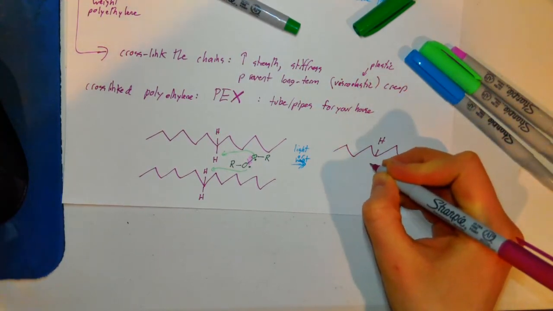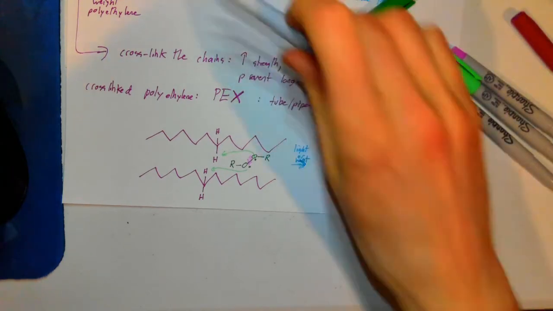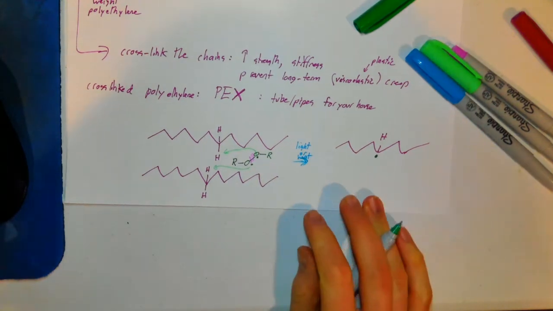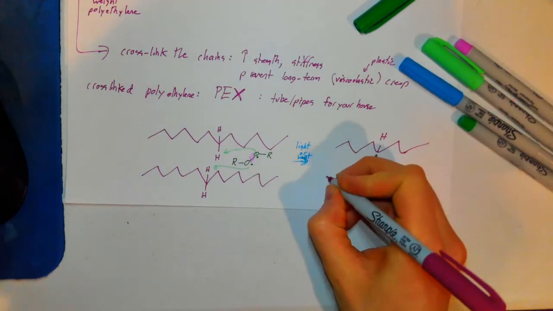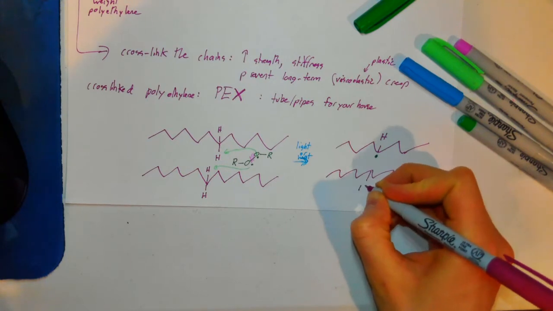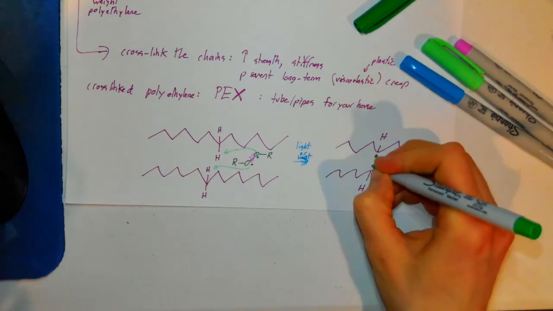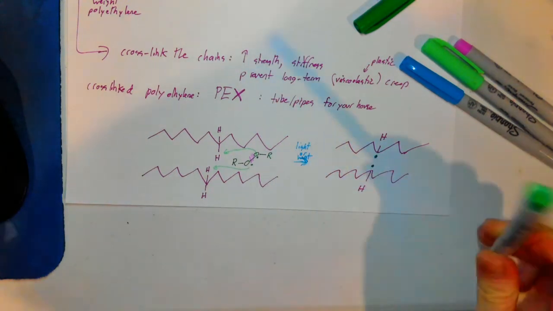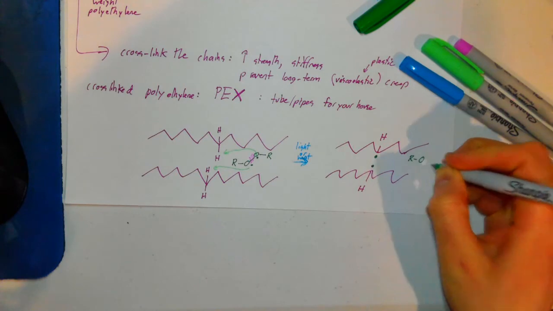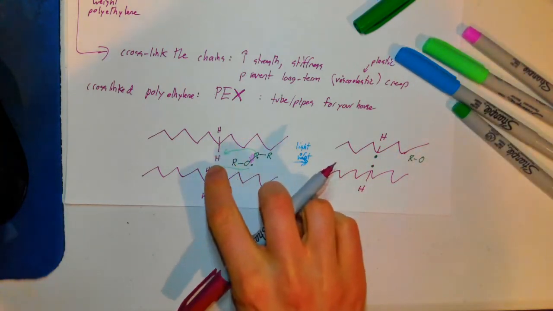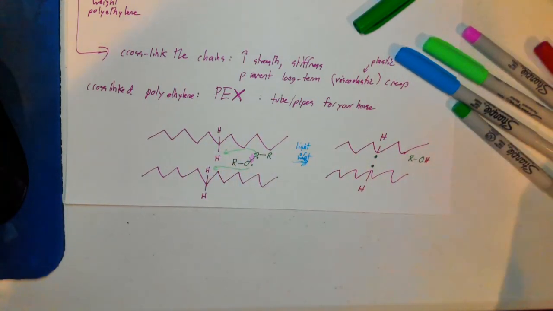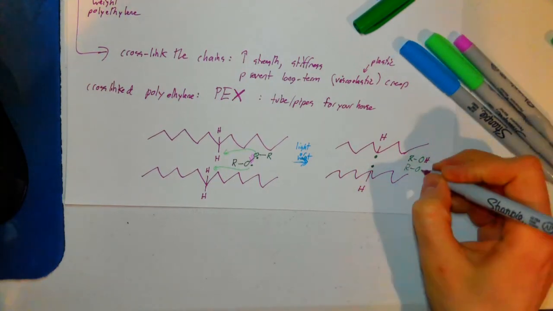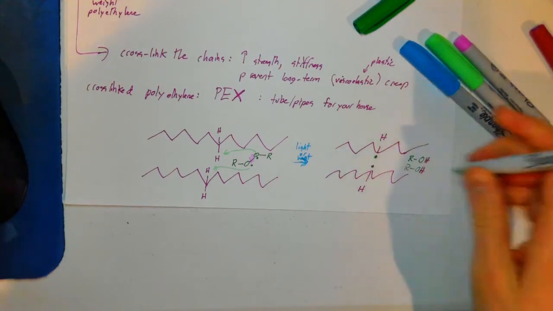We have a chain with a hydrogen right here, and then one of the freed electrons that came from one radical, an adjacent chain right here, one of the hydrogens here, and then the other radical that came from this one. The radicals are then left with R, O, and the hydrogens that came from them. So we have two R, O, H's.